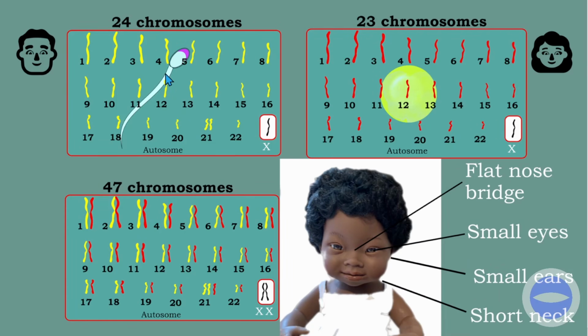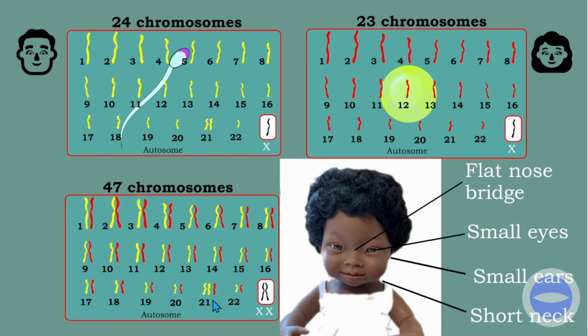If this non-disjunction takes place in this male at chromosome 21, there are two chromosomes which happened not to separate. So we end up with one extra chromosome, which makes 24 chromosomes, and the female has a normal number of chromosomes, which is 23.